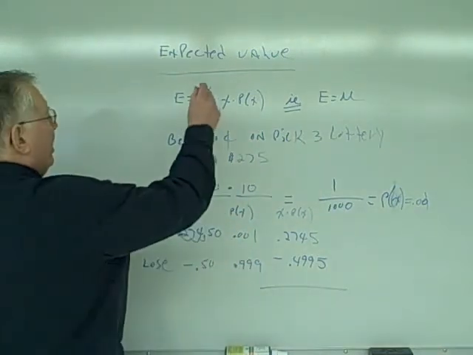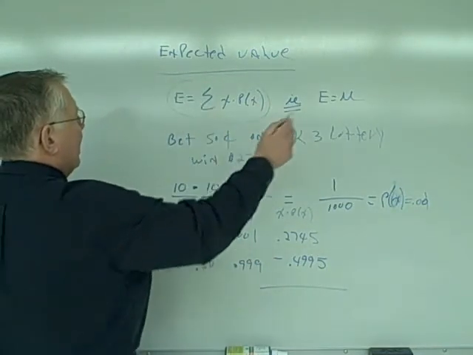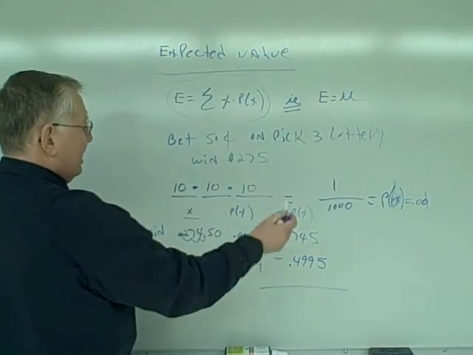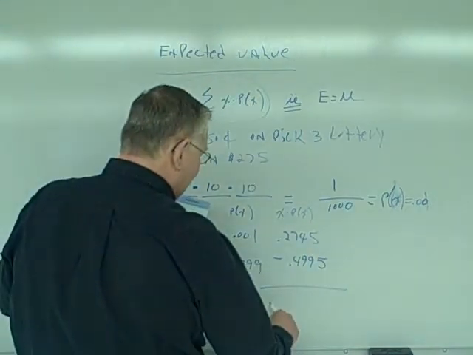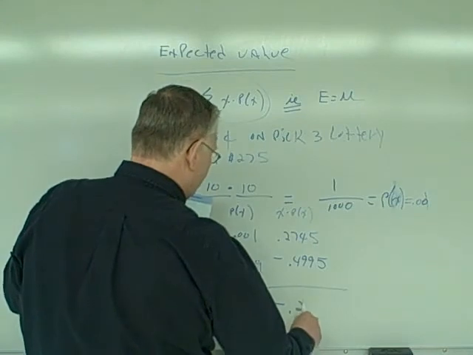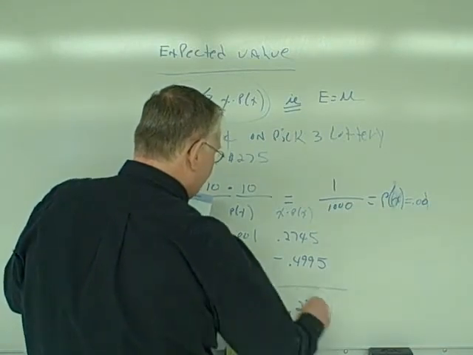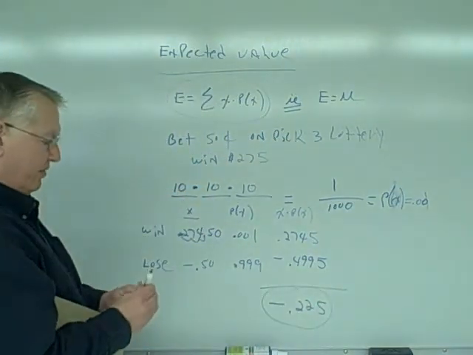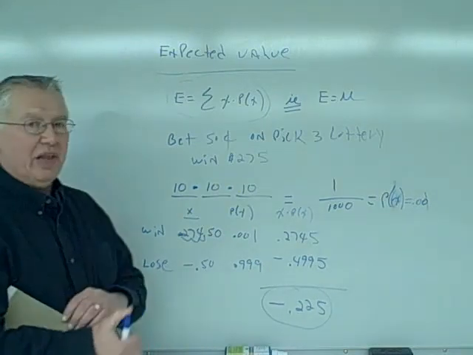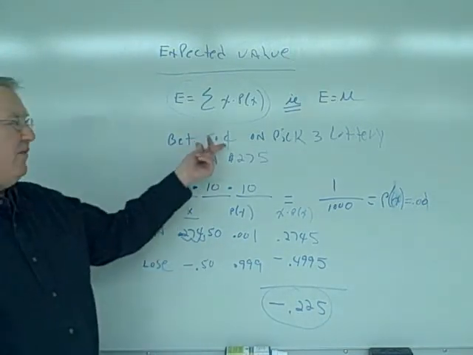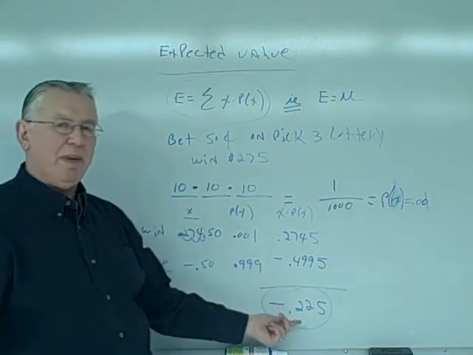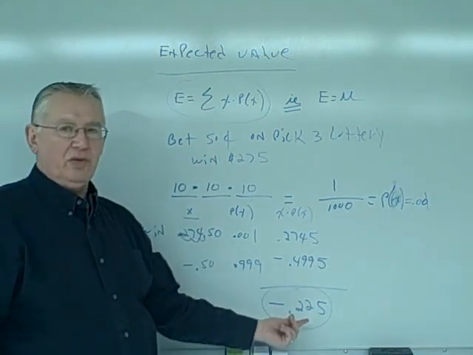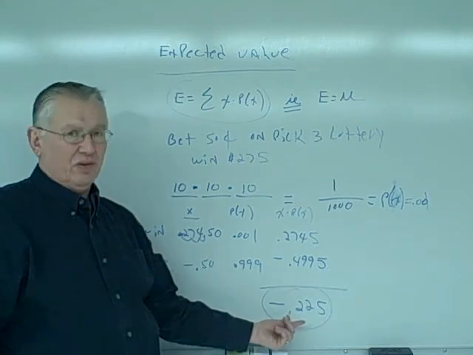And remember, the expected value, or the mean, is the sum of the x times the probability of x. And if I add those together, I'm going to get a negative 0.225. In other words, the expected value on this lottery, if I bet 50 cents, is that every time I do that, I can expect to lose 22.5 cents. Not real good odds.